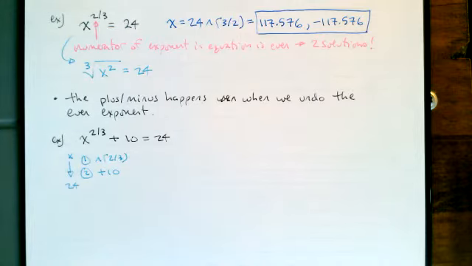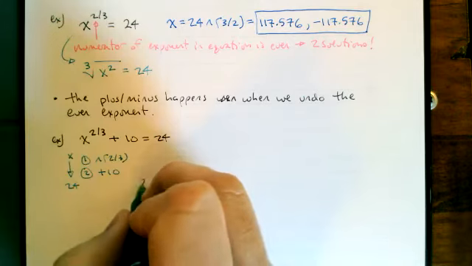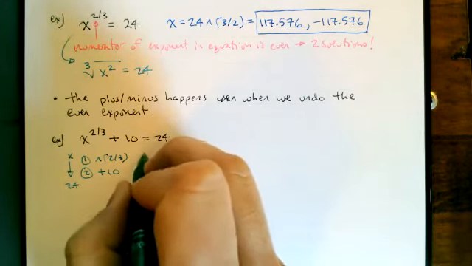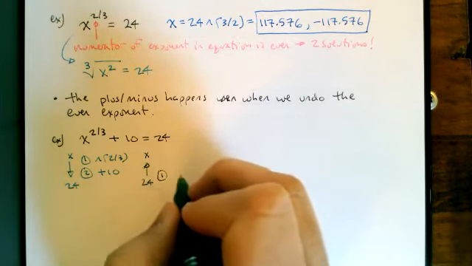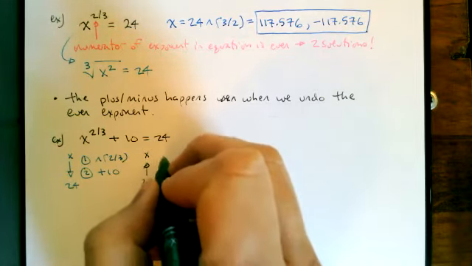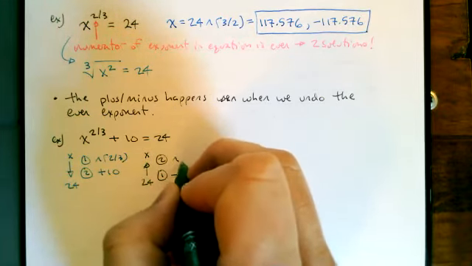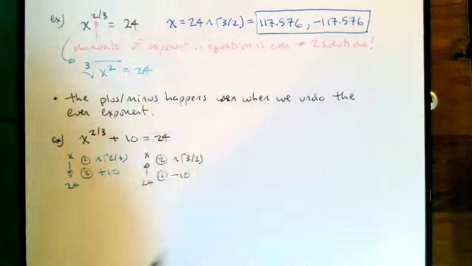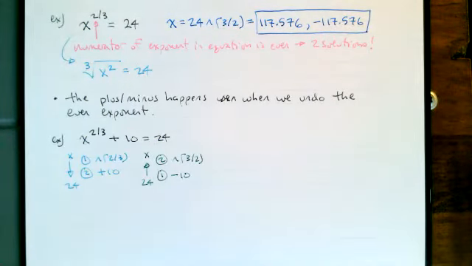So our plan for solving is to do inverse operations in reverse order to turn 24 back into x so we can find it. First, we're going to subtract 10, and second, we're going to raise to the 3/2 power. When we raise to the 3/2 power, that's when the two solutions will show up, because that's when we undo the even exponent.